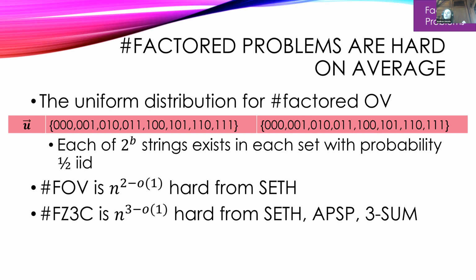So we can use this extra freedom we get from this factored problem to in fact make this hard from everything. I highlight this because this means that this counting factored 0-3 clique problem is a new candidate hard-from-everything problem. So if you've got some problem that's really hard and you can reduce it to counting factored 0-3 clique, you get hardness from all the favorite assumptions of fine-grained complexity, and you incidentally get an average case distribution for your problem.